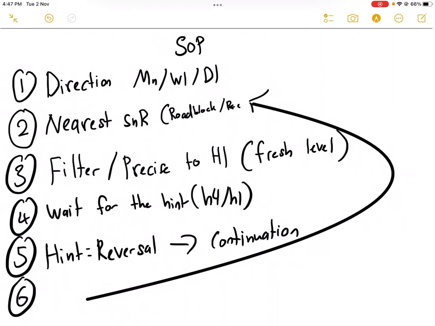So we filter, as you can see I have shown, then the price comes back to the fresh zone. Wait for the hit on H4 H1, and after the hit or the reversal there will be continuation. So the same thing repeating, from support to resistance, from resistance to support.